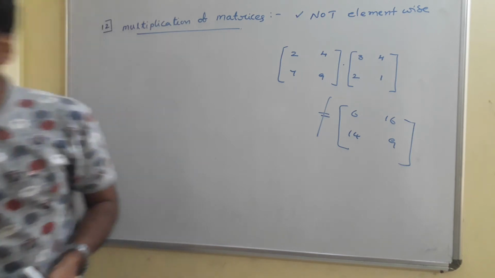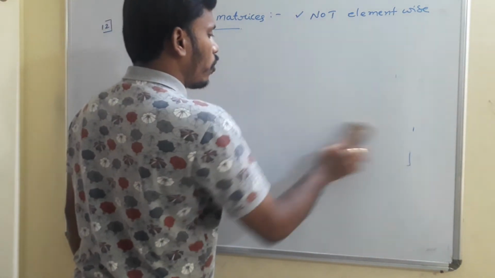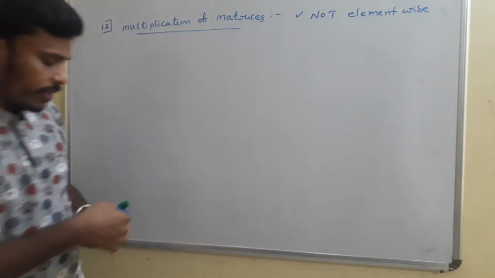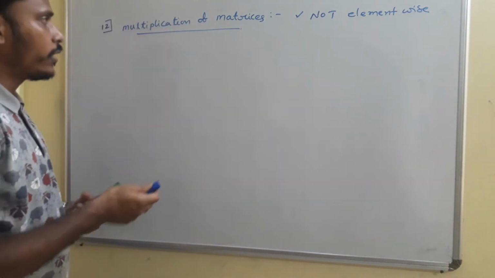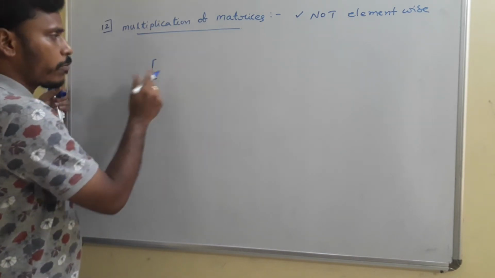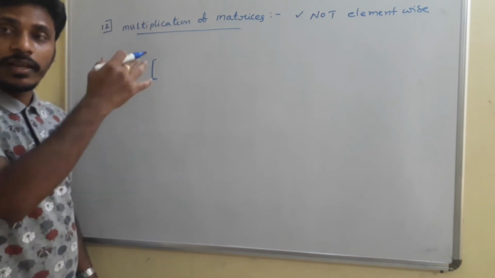So there is a special definition related to multiplication and that definition we need to follow. To understand that, I will simply mention it here. For example, in the first matrix there are different rows, and in the second matrix there exist different columns.